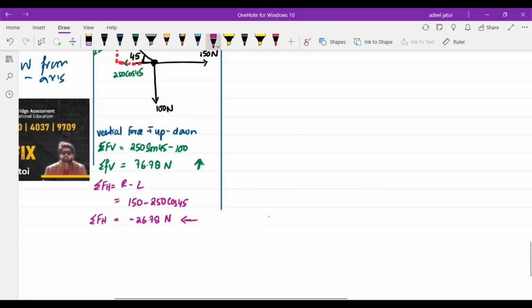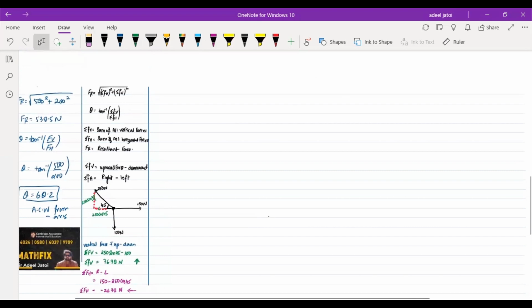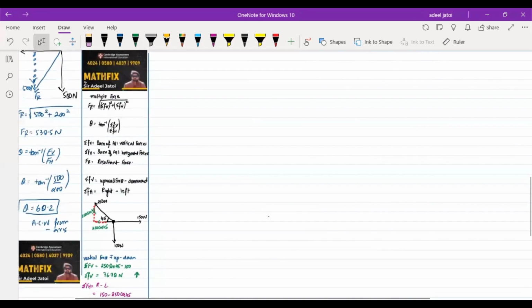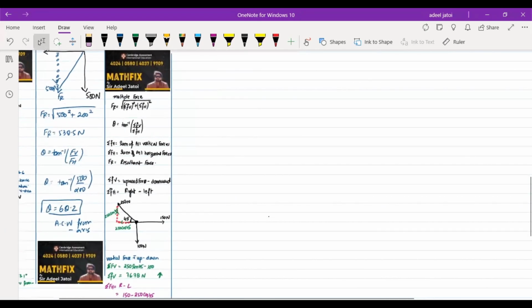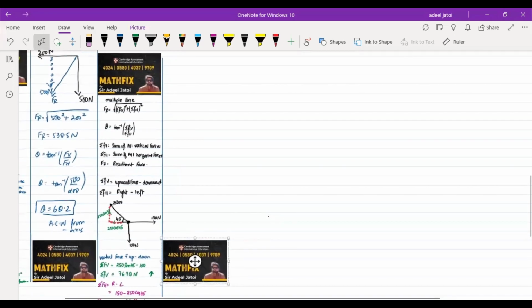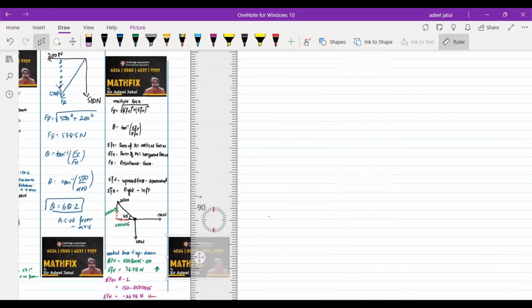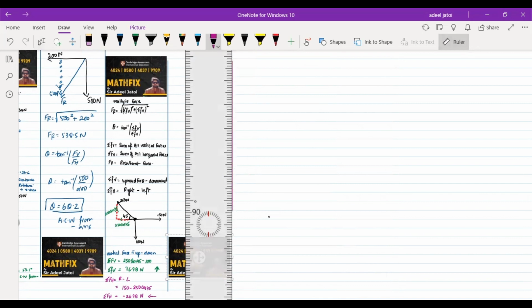Now we have two forces. One is acting upward, the other one is acting downward. So we draw up an angle according to these forces.